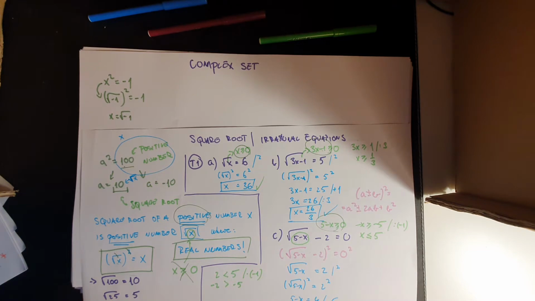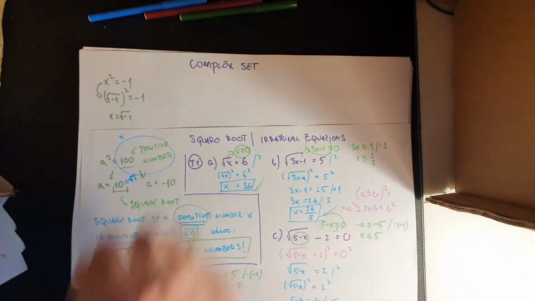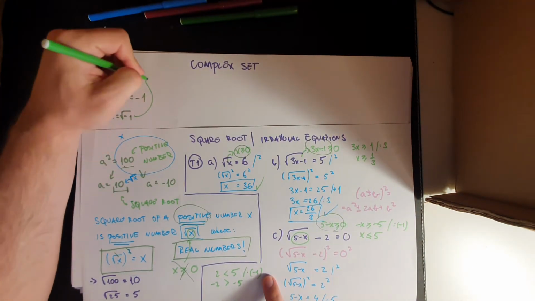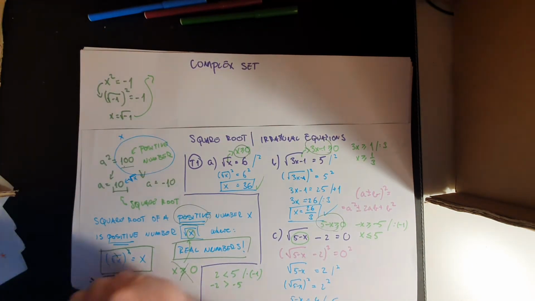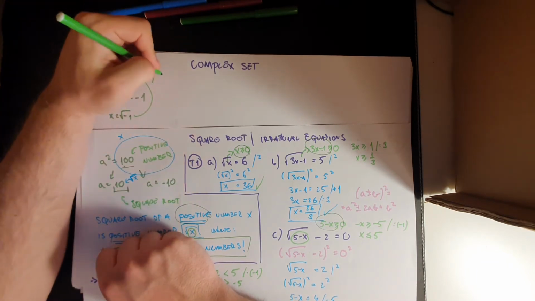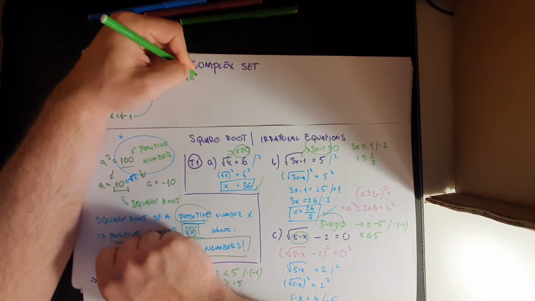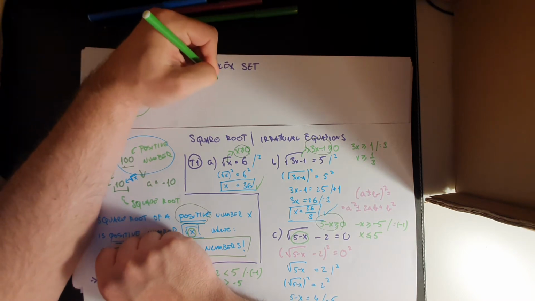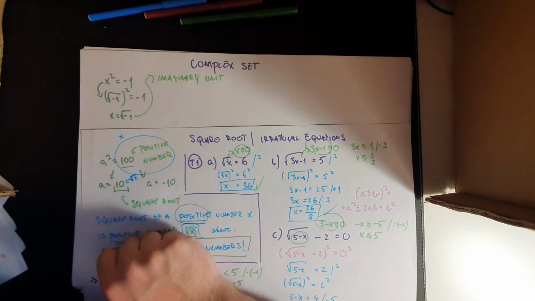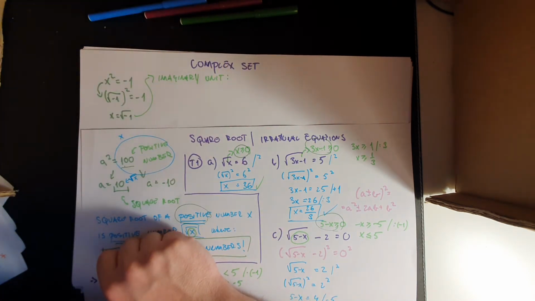So first things first, considering this, I have to now define a whole new idea. What I'm going to define is the following: we are going to work with the so-called imaginary unit. I'm going to write this down. What is the imaginary unit and its definition? The imaginary unit is usually written as the number i.